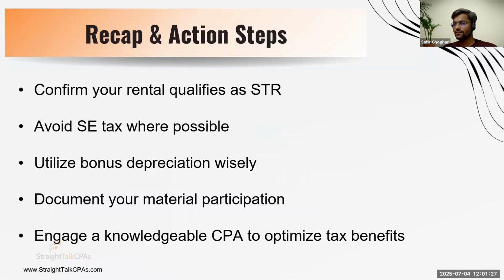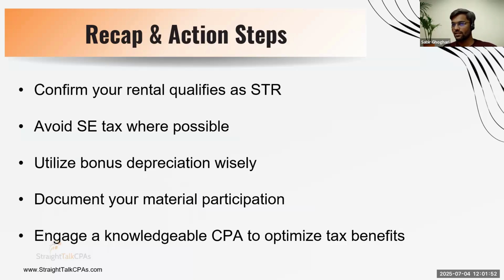Now, all right, just a recap and action steps, kind of towards the end of this session. First, as we discussed in the previous slides, you have to confirm that your rental qualifies as a short-term rental. The thing to look out for is whether the average stay is less than 7 days. If it goes above 7, make sure you provide substantial services.